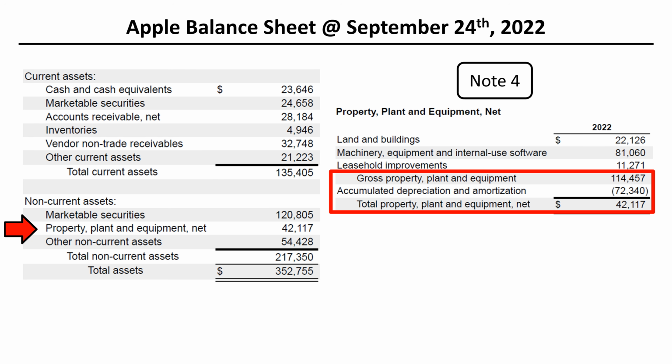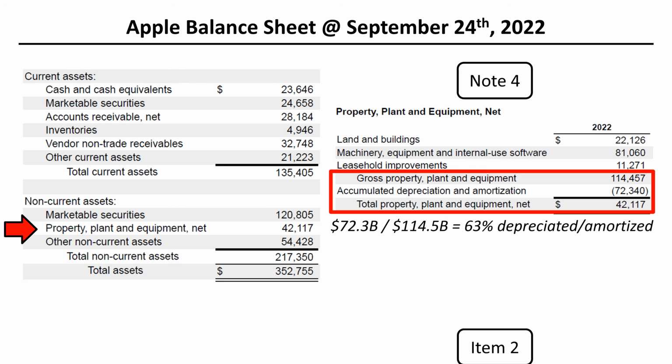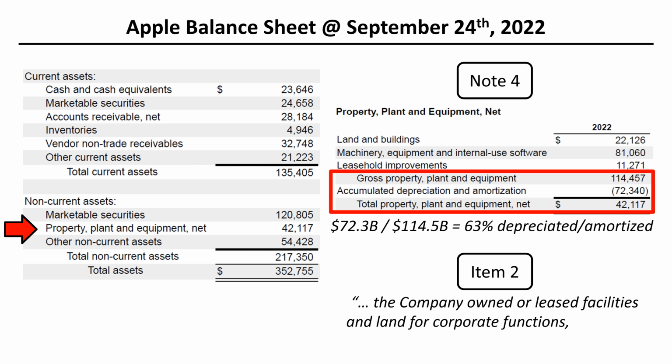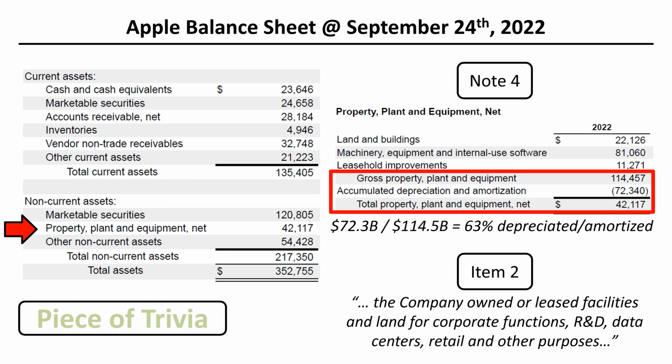We can play around with this a bit and find that 63% of the gross value has already been depreciated or amortized. We can also find in item 2 of the annual report that the company owned or leased facilities and land for corporate functions, R&D, data centers, retail and other purposes. In other words, various functions other than manufacturing. Not much more than pieces of trivia, I'm afraid.